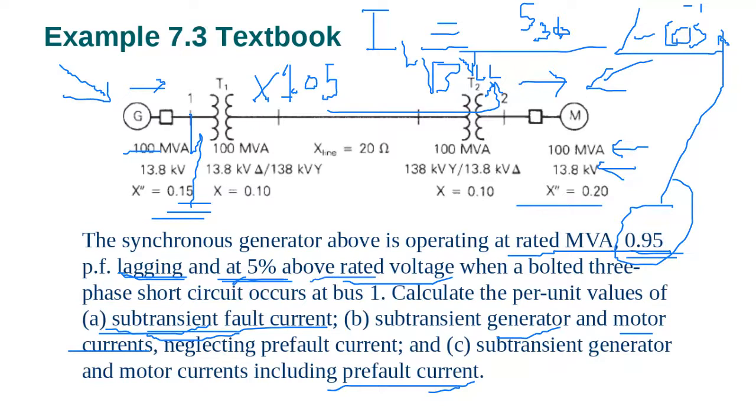Sometimes we write below, therefore you will multiply by 0.95, if it's operating 5% below the rated voltage. If it's operating at the rated voltage, then you will just leave it as it is. All right, so that is the pre-fault current.